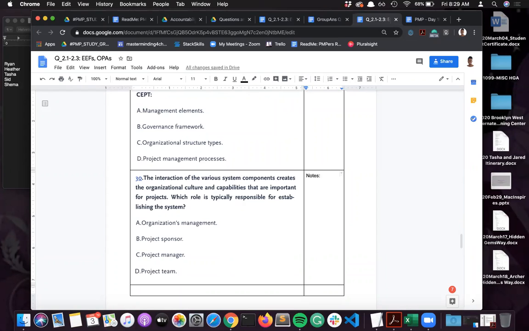I actually got in two minds for this one. The system is the whole thing that governs everything, everything put together, like the hierarchy and what kind of functionalities. I go with A.